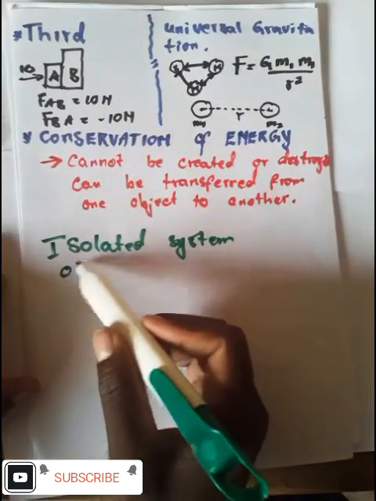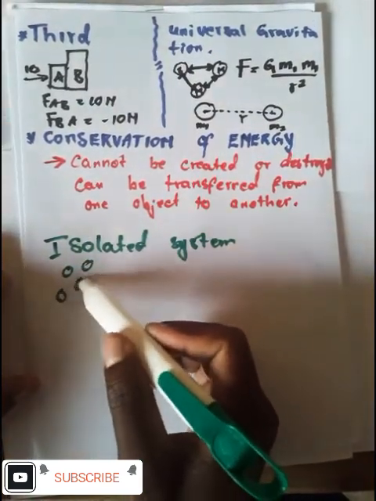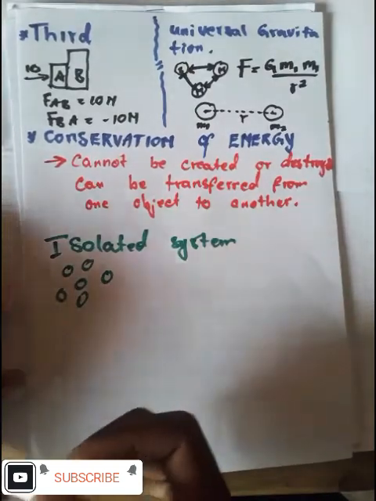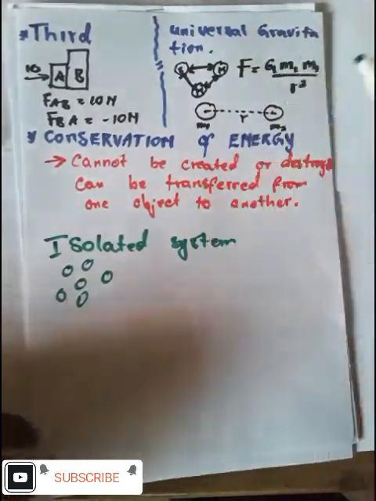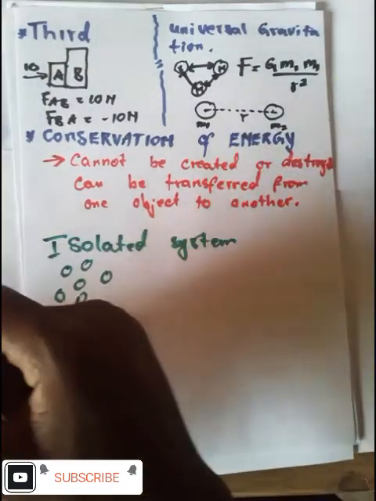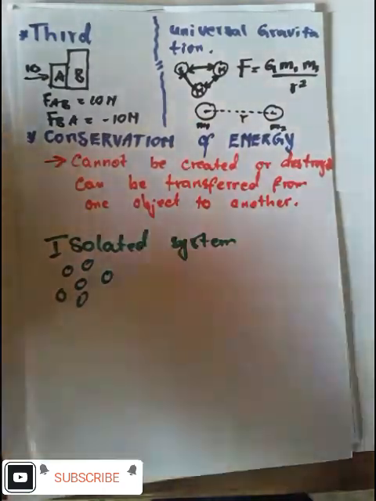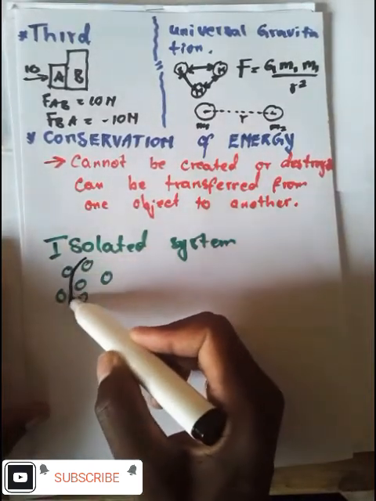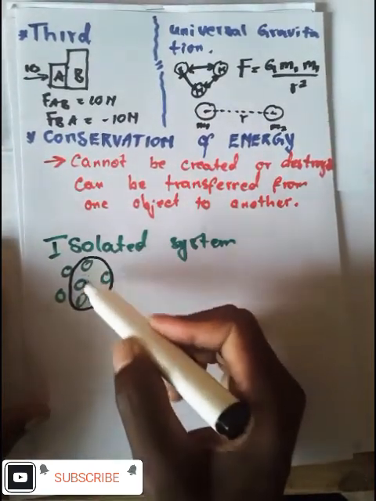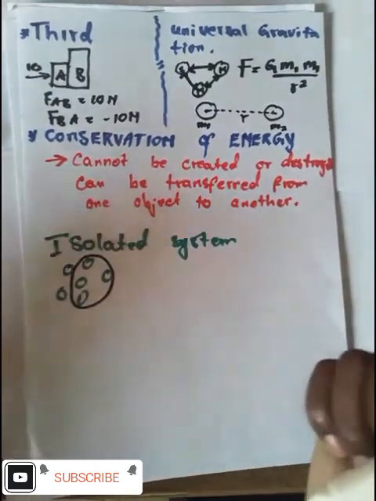So let's say now we have these objects here that attract each other. Remember, as we stated here, each and every object attracts each other if they have a mass. So if you want a system, you can just say these objects here, this one and this one and this one and this one, are a system.